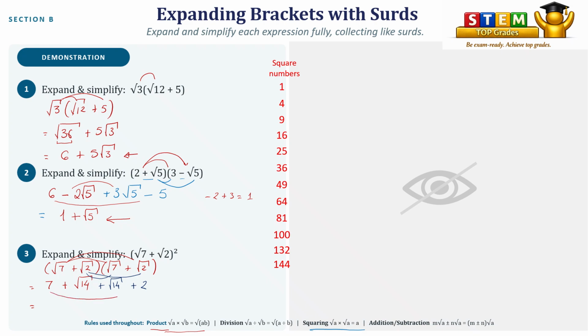So the 7 and the 2 will be combined together. So 7 plus 2 is 9. And then we're going to combine these two surds. Okay, so this is the addition rule, which gives us therefore. So remember, there is a 1 here, there's a 1 here, that's 1 plus 1, that gives you 2 root 14. And here is your answer.